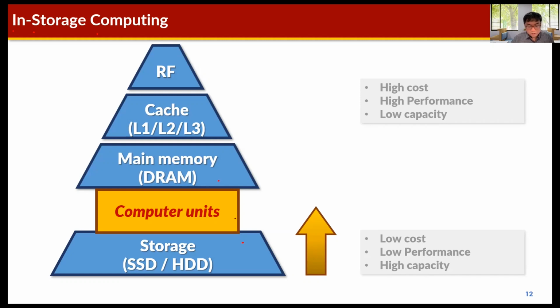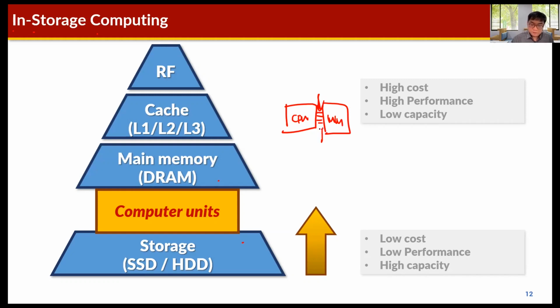In the first class of this course, we learned how storage systems are connected to host systems. In the conventional systems, this is the CPU, and the CPU is connected to the main memory with a very high bandwidth memory bus.